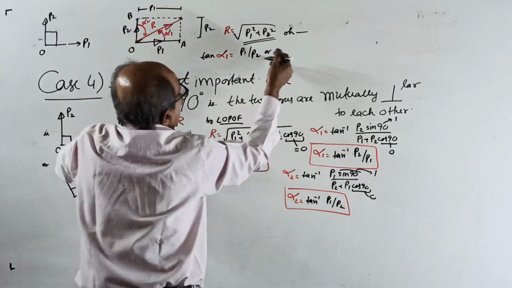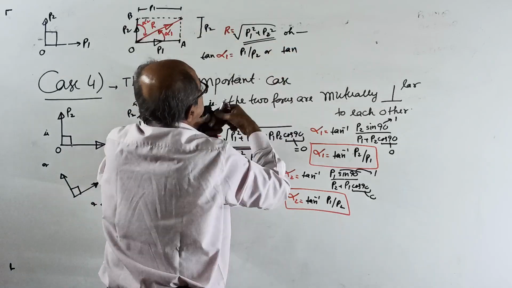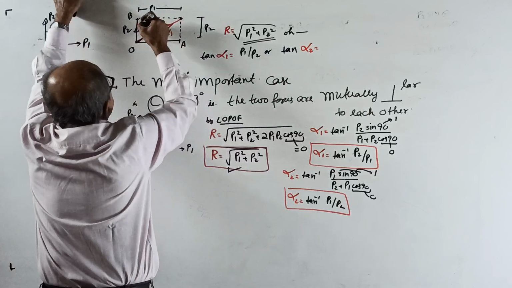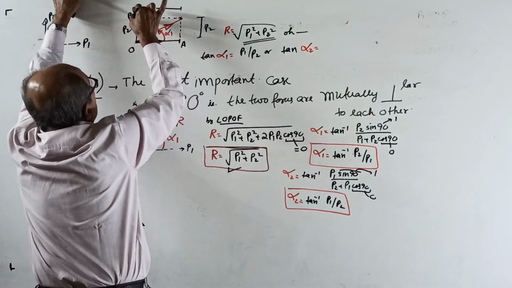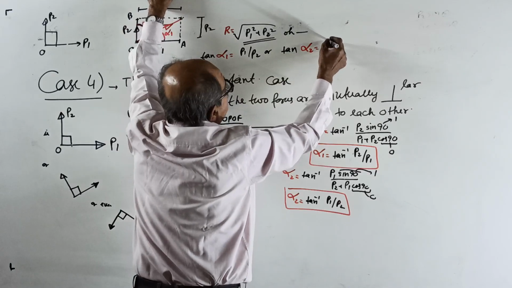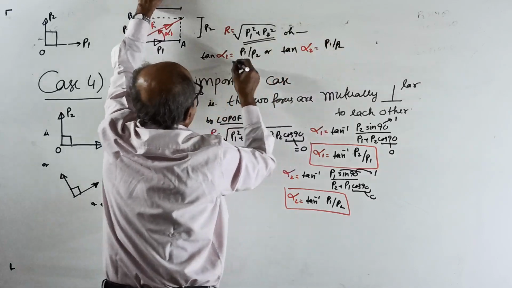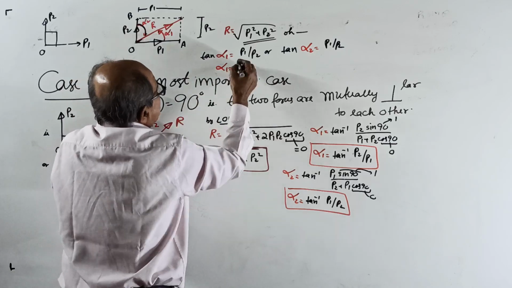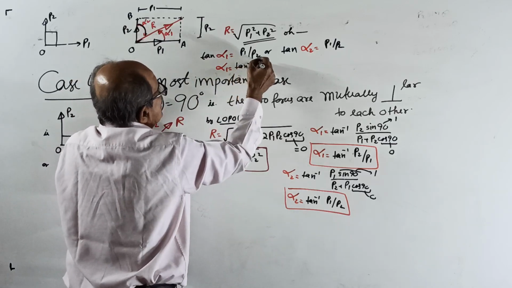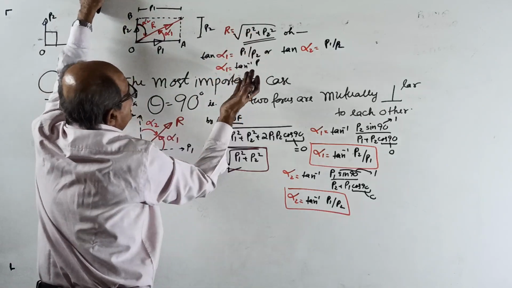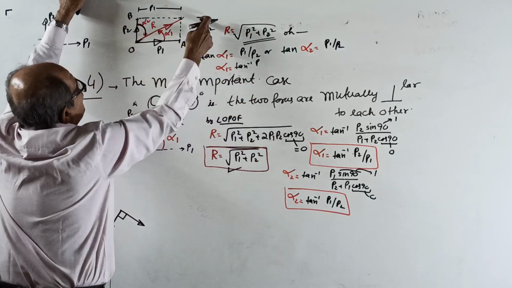Or if you go for tan of alpha 2, tan alpha 2 equals P1 by P2. Therefore, you can tell alpha 1 equals tan inverse of, tan alpha 1 equals P2 by P1.